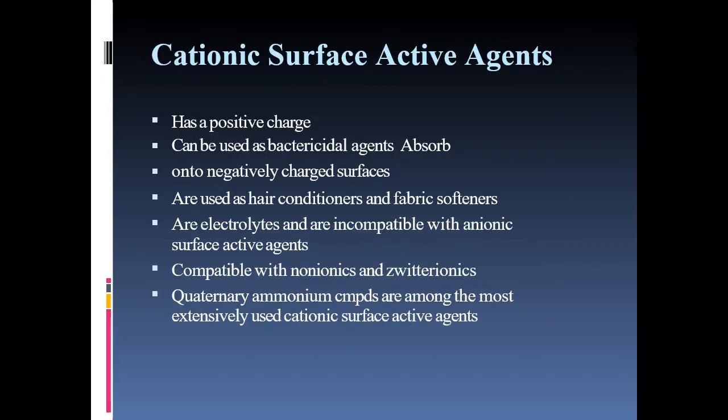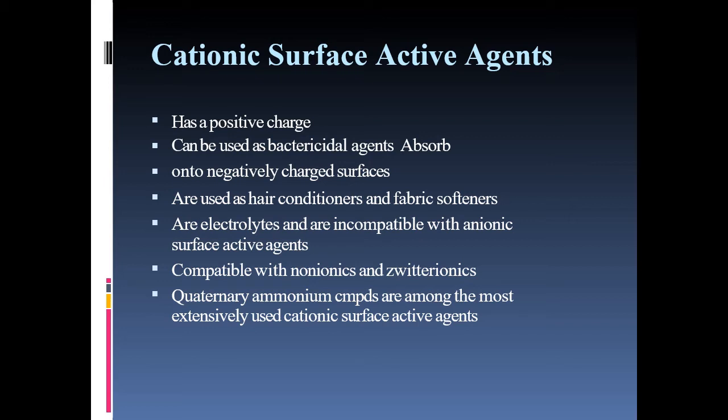When we talk about the cationic surface active agent, it has a different property. It has a positive charge. Cationic surface active agents can be used as bactericidal agents, absorbed onto negatively charged surfaces. They are used as hair conditioners and fabric softeners.